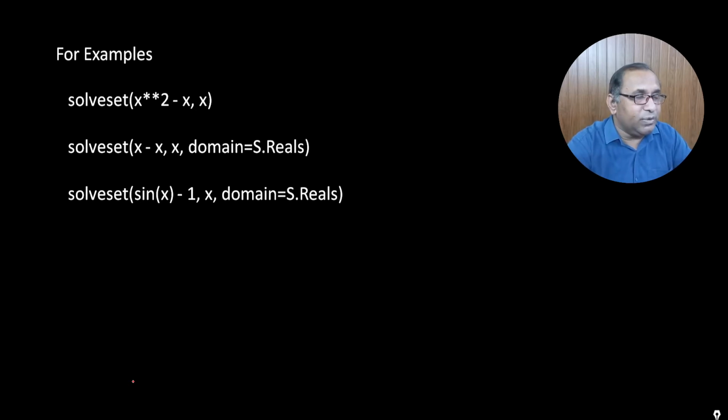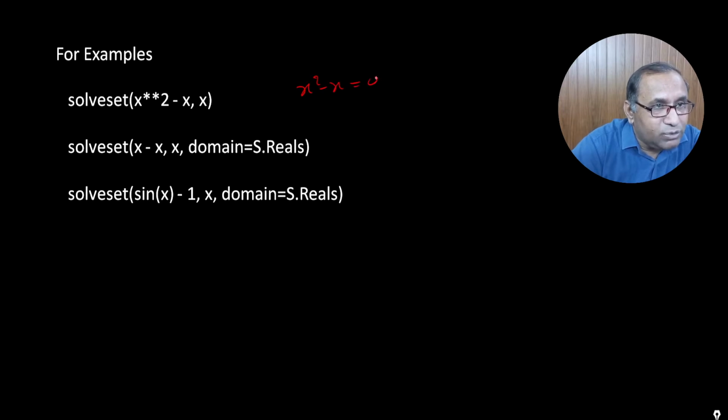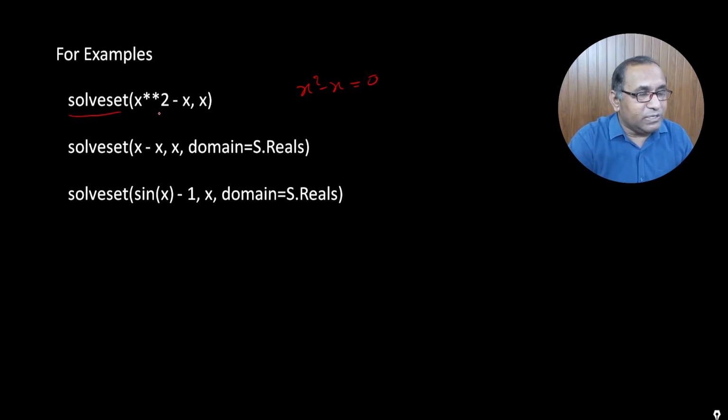So here we are using solveset to solve the equation. You can see we have x square minus x is equal to 0, and we want to solve this equation for the x variable using the solveset function, and this is the syntax for it.